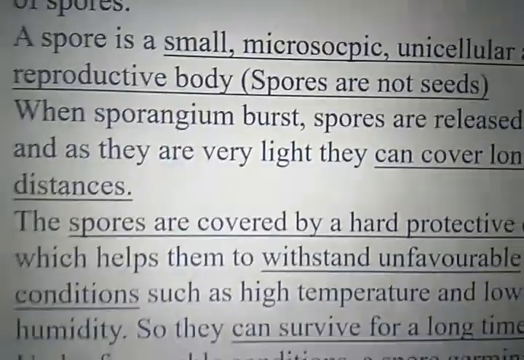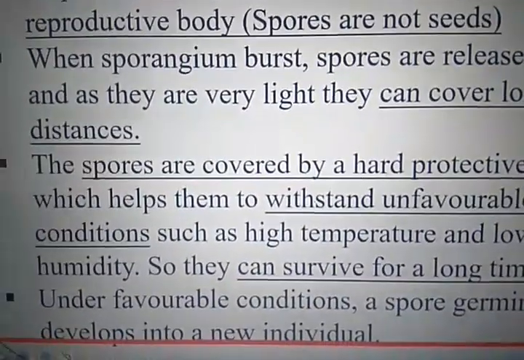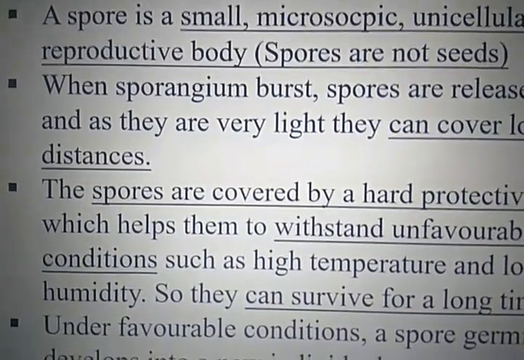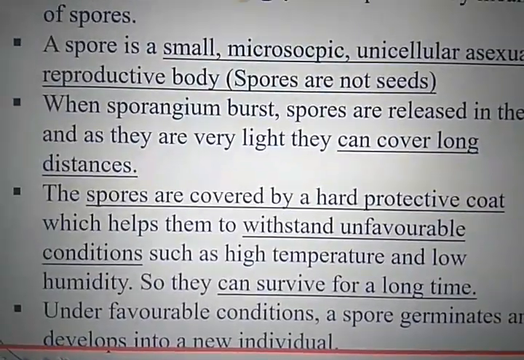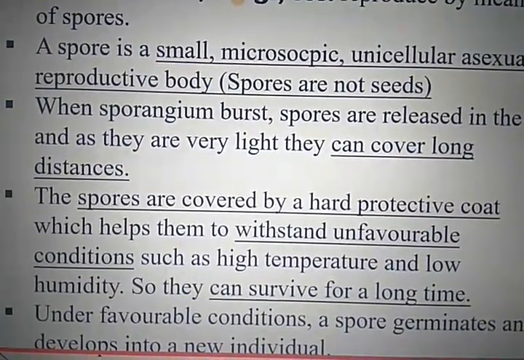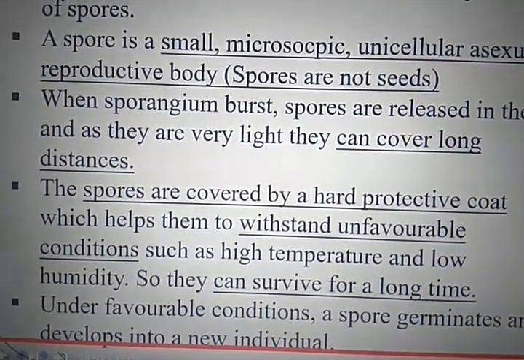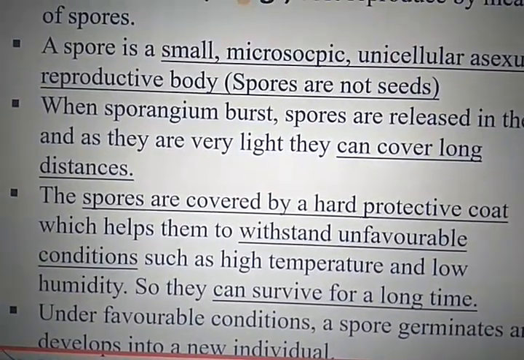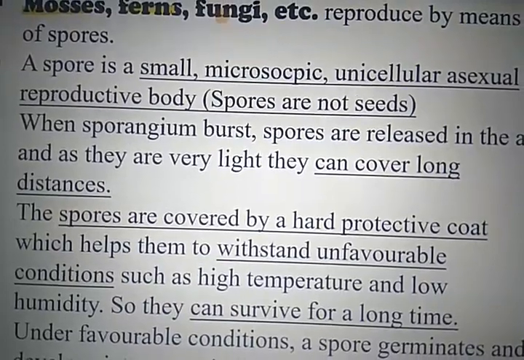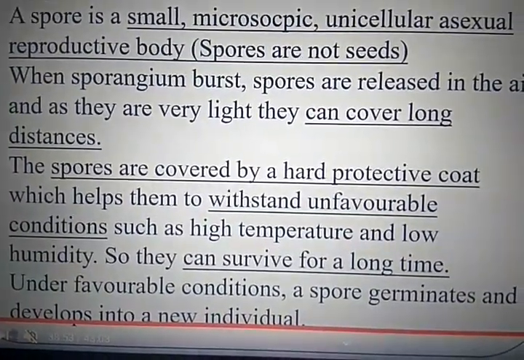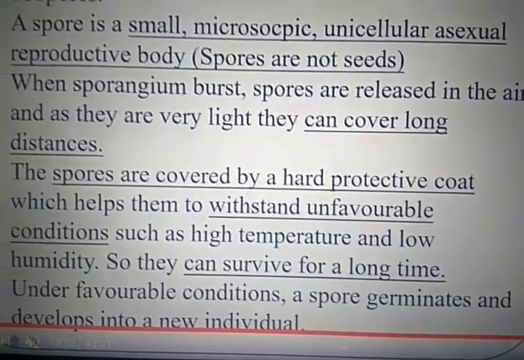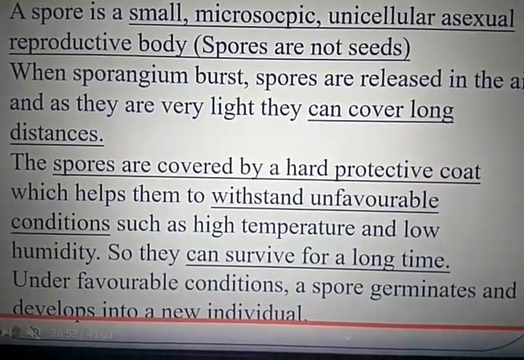Correct? So the spores that you have just now seen are covered by a hard protective coat which helps them withstand unfavorable conditions such as high temperature and low humidity, so they can survive for a long time. Under favorable conditions, a spore germinates and develops into a new individual.